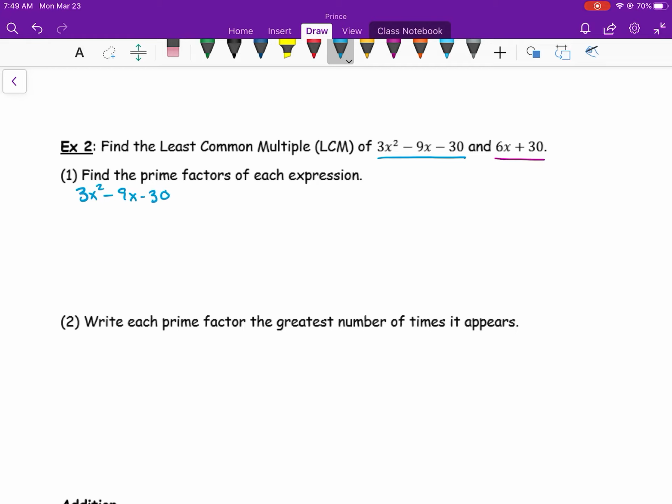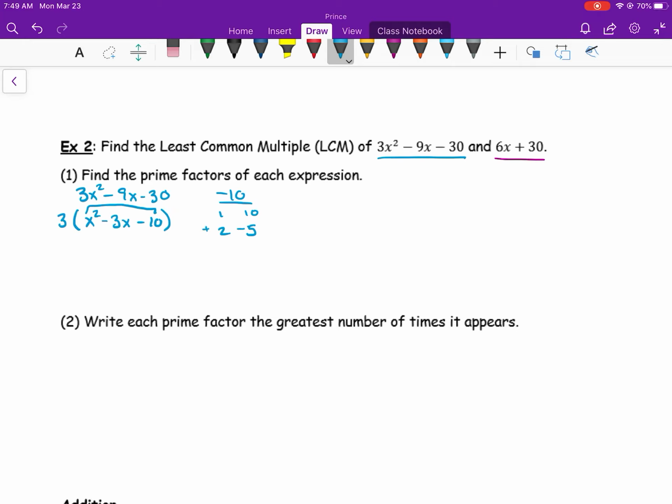Greatest common factor looks like it would be 3, so I'll factor out a 3. X squared minus 3x minus 10. Take each term divided by 3. Now it looks like we'll have factors of negative 10. First times last gives me negative 10. 1 and 10, 2 and 5.